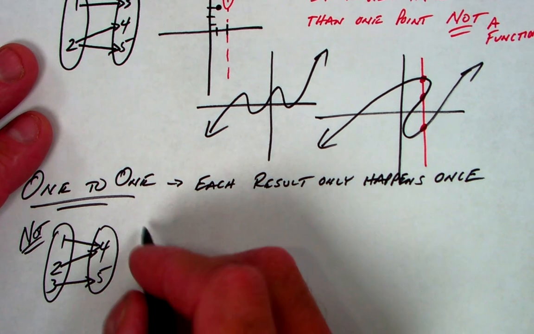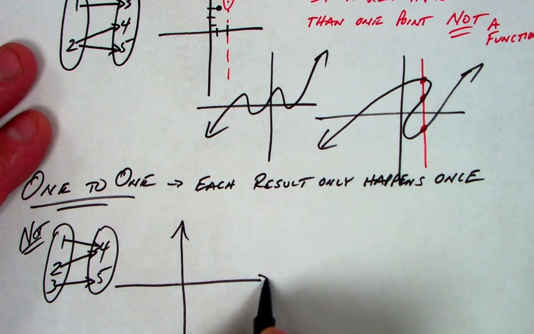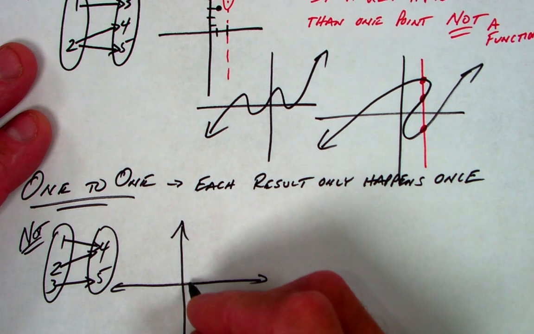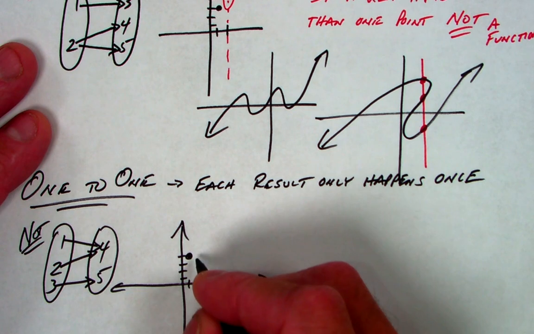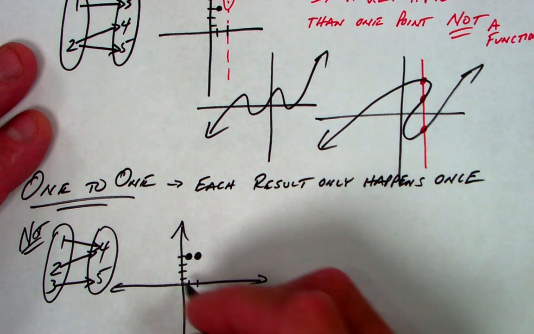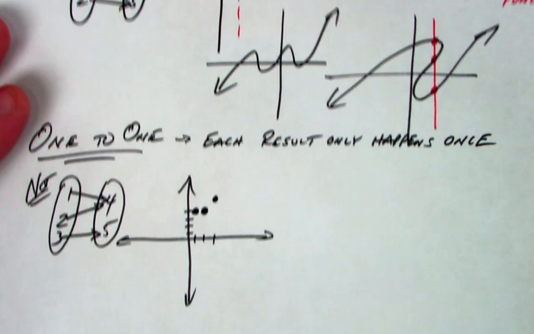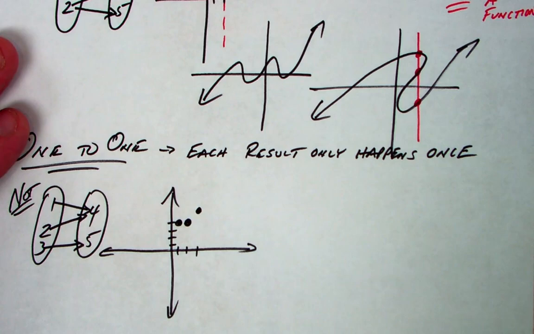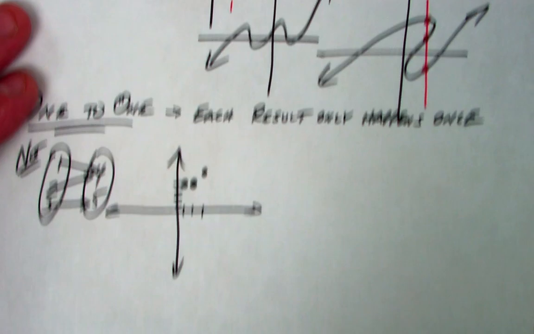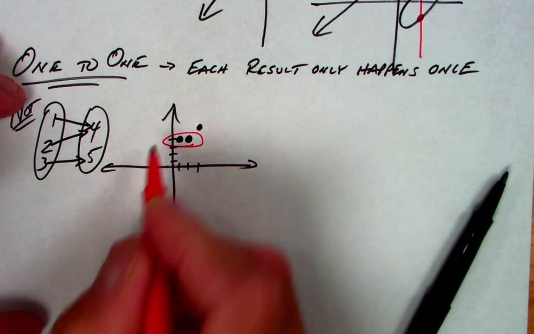Okay? So what is this going to look like on a graph? Well, 1, 4, 2, 4, 3, 5. The part that violates it being one-to-one is this part right here.